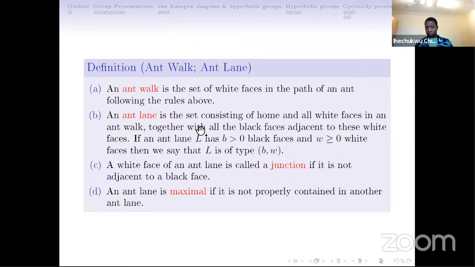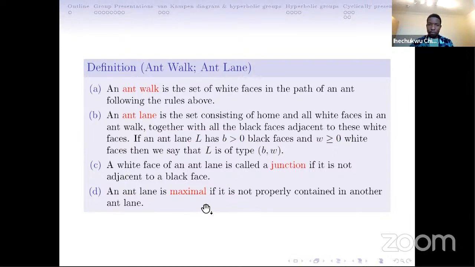So you have your white faces and all the black faces adjacent to them. This is what we call an ant lane. Okay, a white face is called a junction if it is not adjacent to a black face. So you look at a white face which has no black face adjacent to it, we call it a junction. And an ant lane is maximal if it's not properly contained in another ant lane. It's a basic definition.